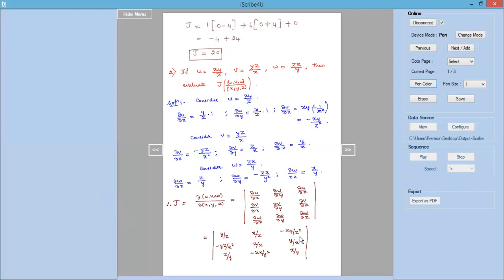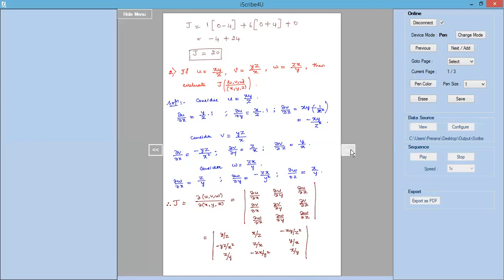So we observe in the first row, taking LCM kind of, I can take z square common in the denominator so that each of the first and the second term should be multiplied by z. Second row, I can take 1 by x square common so that the second and the third term will be multiplied in the numerator by x. Third row, we will take 1 by y square common so that the first and the third term are multiplied by y in the numerator.